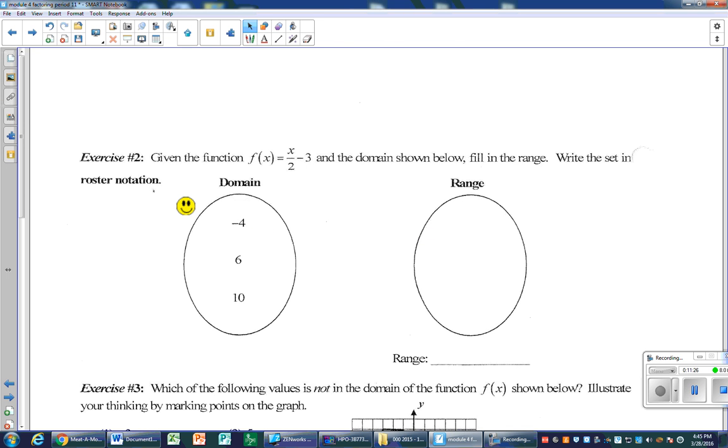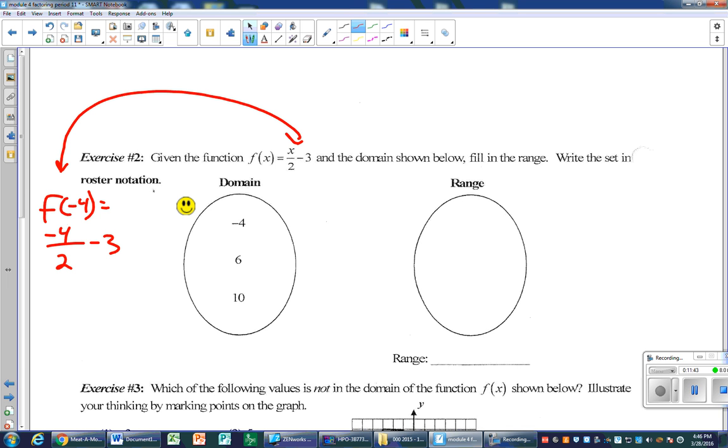Domain, what we plug in. f of negative 4 equals negative 4 over 2 minus 3. Where did I get that? The equation right there. I do that and I get negative 5. And that's what we do. We just draw a line segment to it, negative 5.